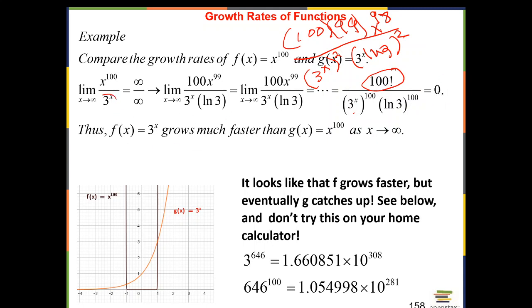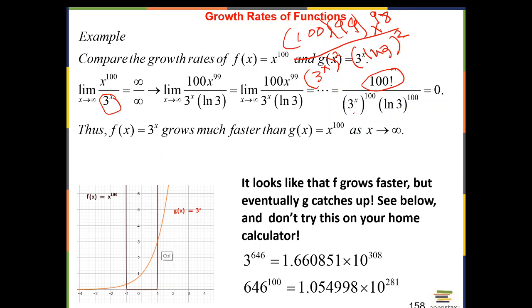That means, again, that 3^x grows faster, but it grows faster only eventually. That means we're going to have to calculate these numbers for a long time. If you put this in a calculator, there is no way you're going to get the intersection that they have way over here.